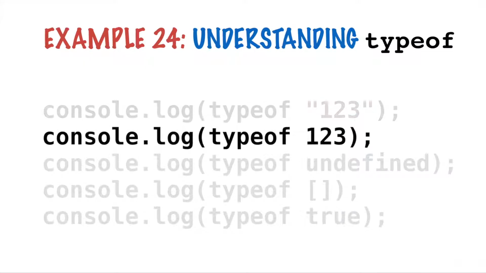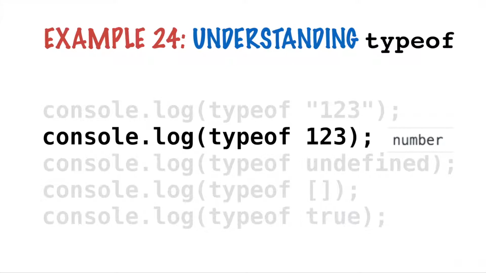The next example once again deals with 123, but there are no quotes present. This is a number. Calling typeof on 123 without the quotes means it's a number and it will be used as a number in JavaScript. typeof 123 without quotes returns number when you execute this bit of code.